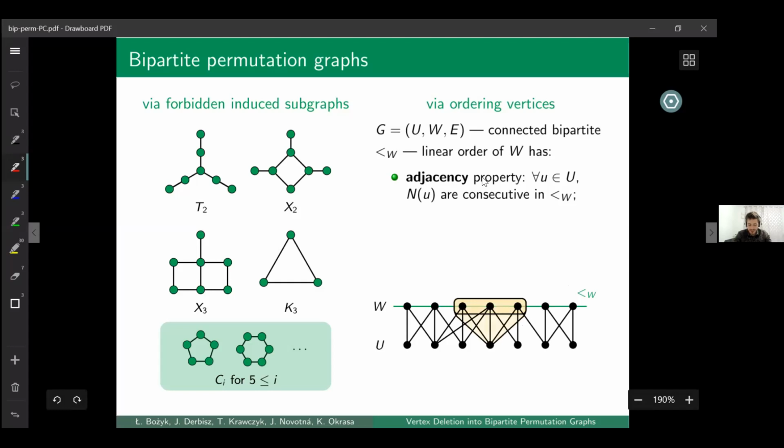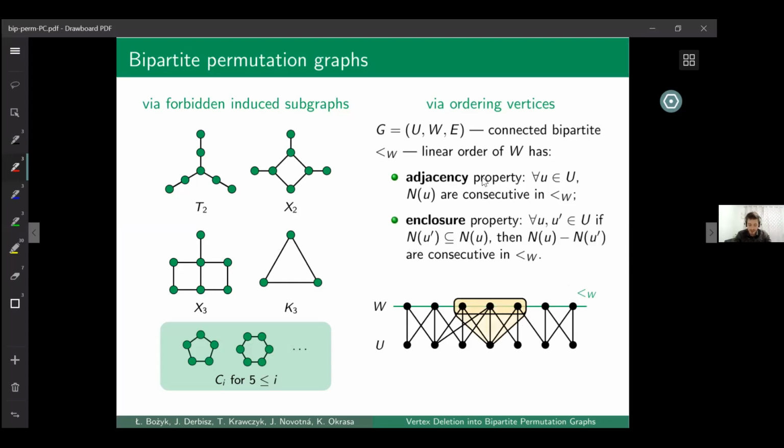Another property that you can define for such an ordering, a linear ordering of one part of the graph, is called the enclosure property, which is: whenever you have two vertices such that the neighborhood of the first one is contained in the neighborhood of the other one, then the difference between the two neighborhoods is connected.